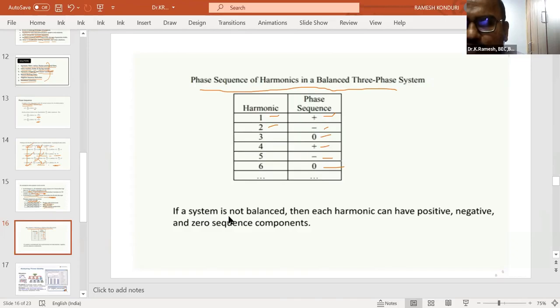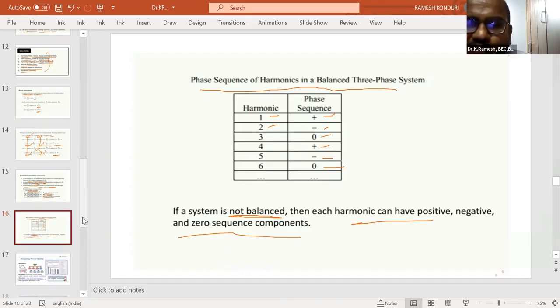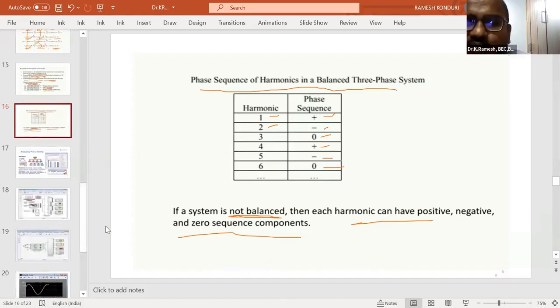If a particular system is not balanced, then each harmonic can have positive, negative, and 0 components.